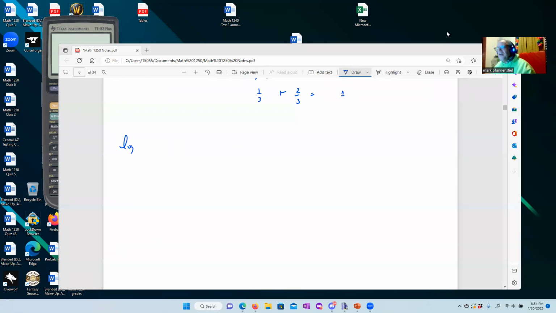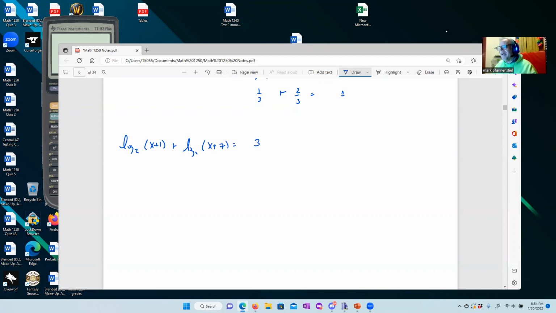All right, so this is log base 2. What do we have here? We have log base 2 of x plus 1, plus log base 2 of x plus 7, and this is equal to 3.